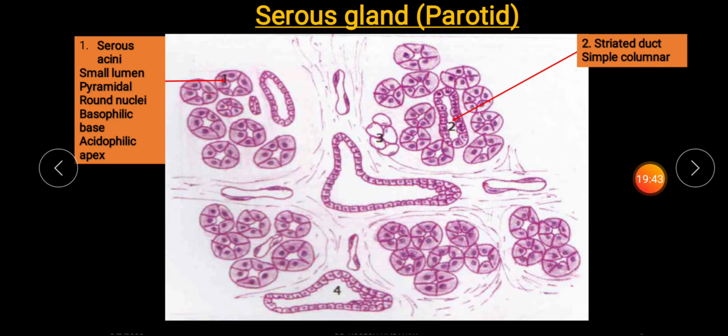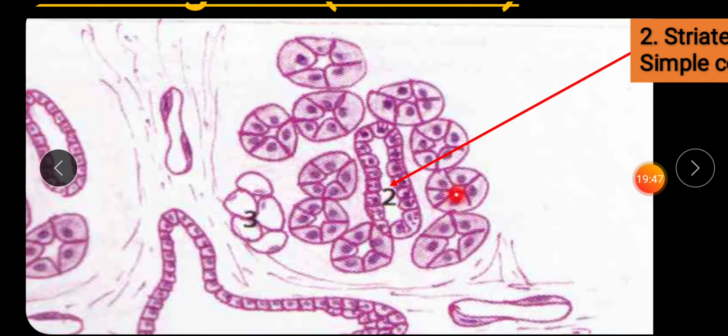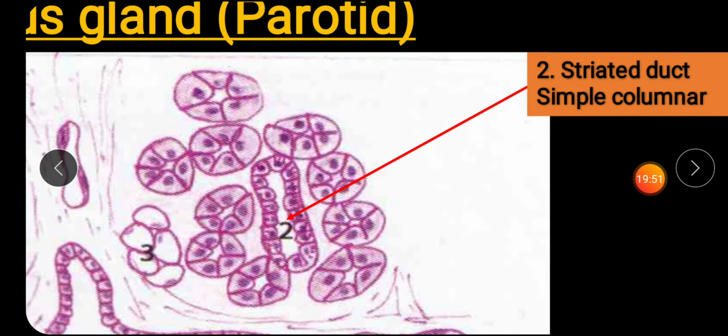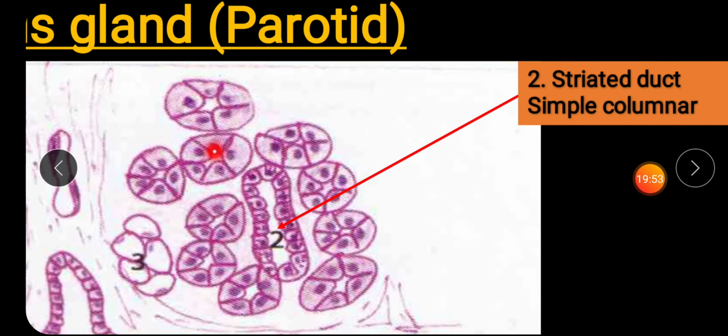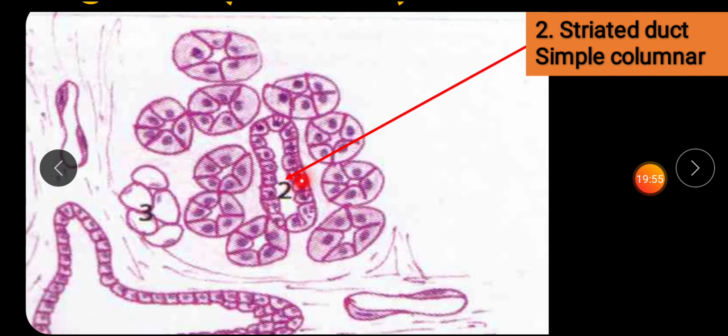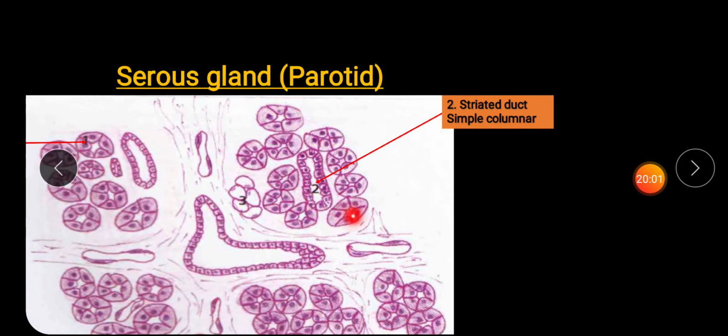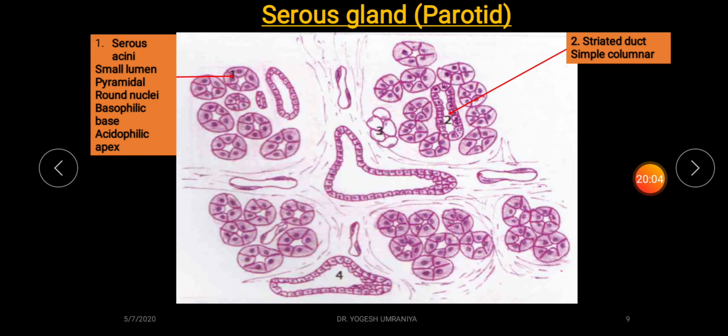Number 2, this is the duct that is situated surrounded by the various acini. You can see the acini surrounding one duct. This duct is the striated duct, having simple columnar type of epithelium. Next one, the signet ring cells.